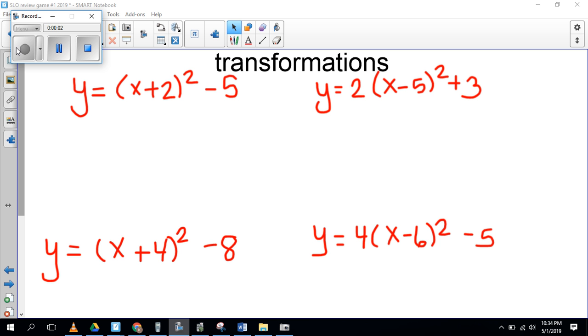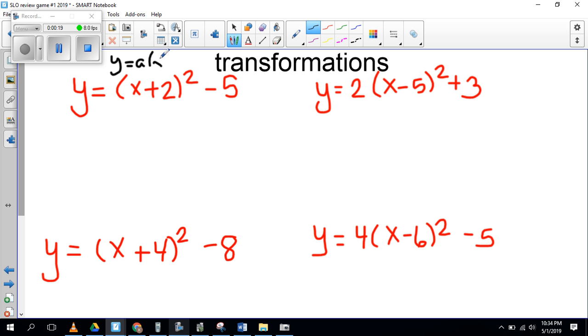Okay, so next we're going to talk about transformations and what will happen to the graph doing that. So basically what we're going to do with this is we're going to use our formula y equals a parentheses x minus h squared plus k.